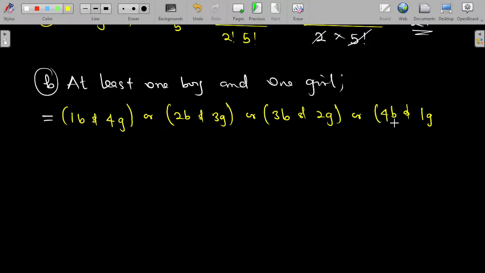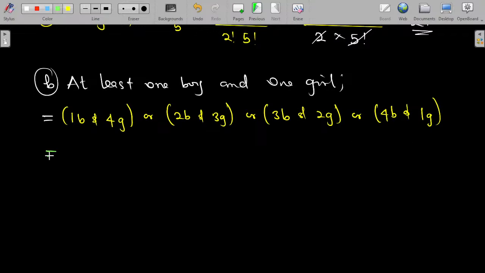You know I can actually have 5 boys because the boys are up to 7. But the question here says there must be at least 1 girl and 1 boy. So I can't go further from here. So these are all the possibilities that you can have, and then you are done.